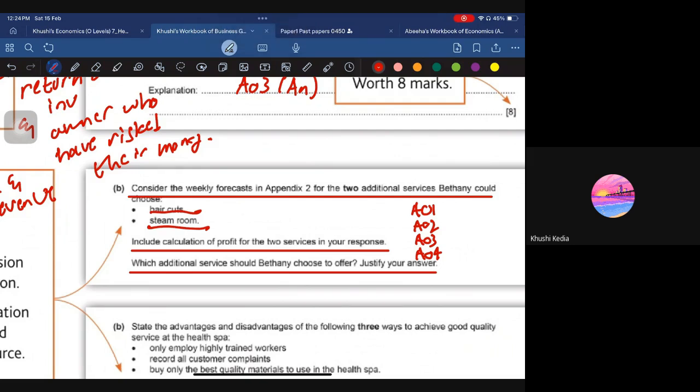So there would be two for knowledge, then two for application, and then is it 4 marks for analysis, and then 4 marks for the evaluation? 4 marks for the evaluation. Okay.